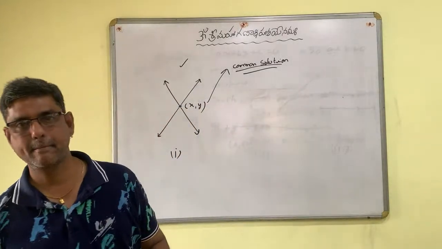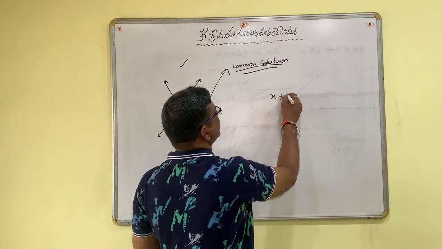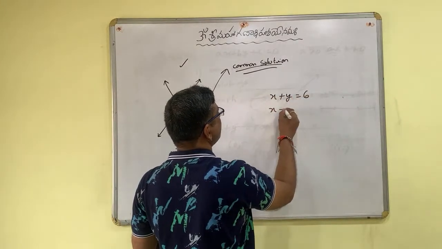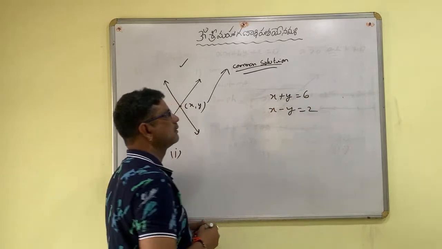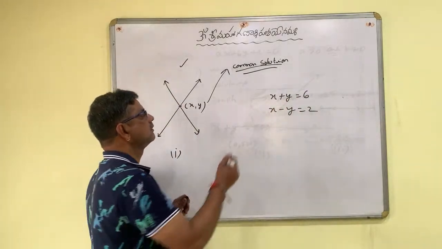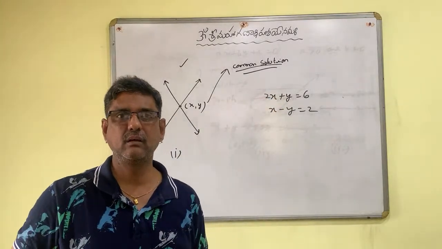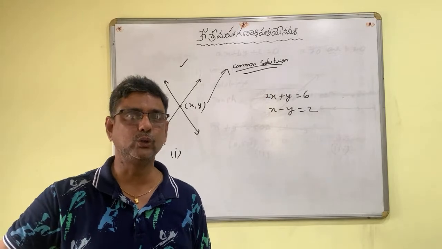Now, suppose there are two equations like this: 2x plus y is equal to 6, x minus y is equal to 2.